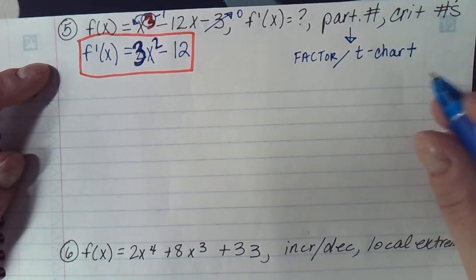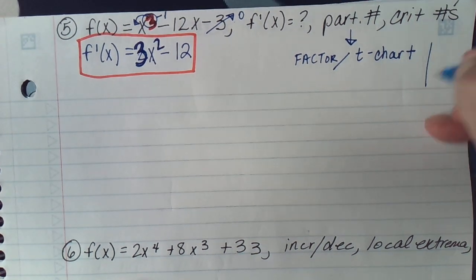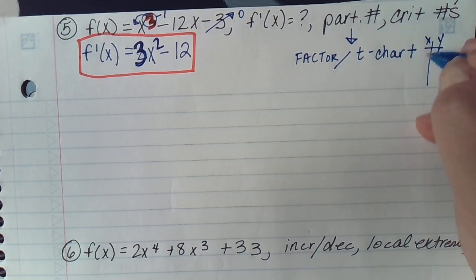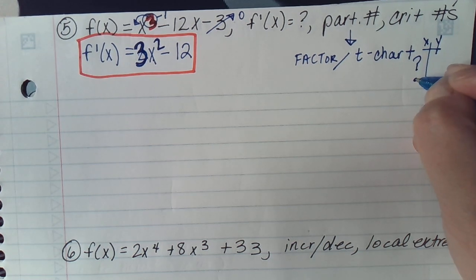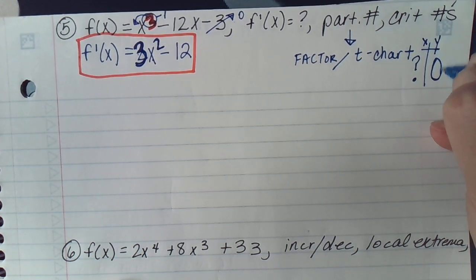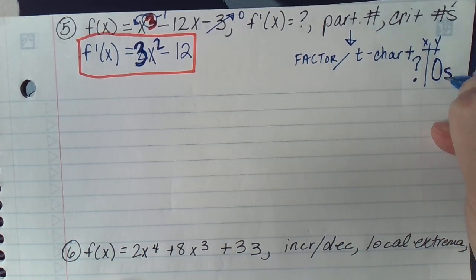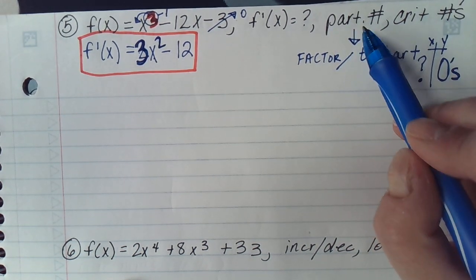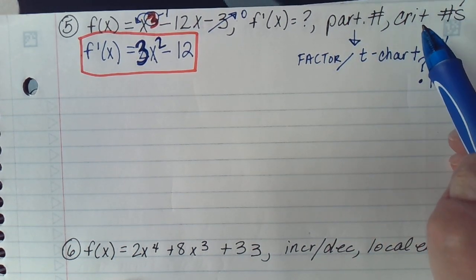When we go to our T-chart, we are going to be looking for what numbers in the X give me zeros in the Y's. That's what's called a partition number or a critical number.